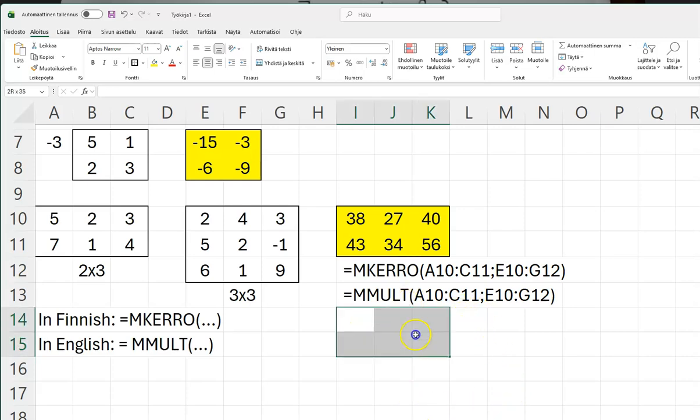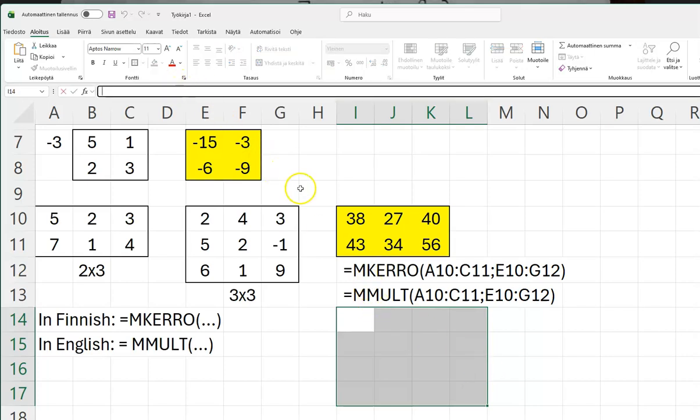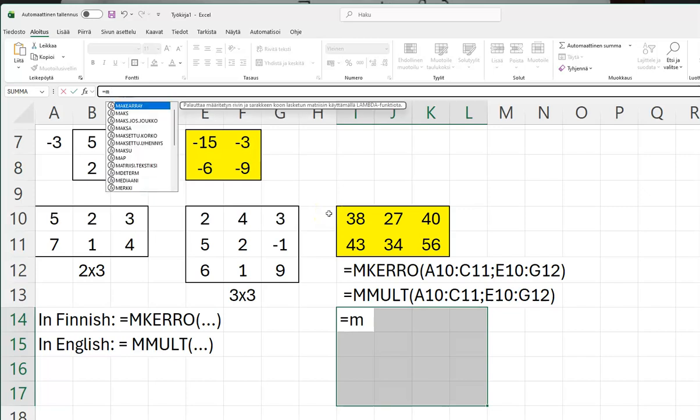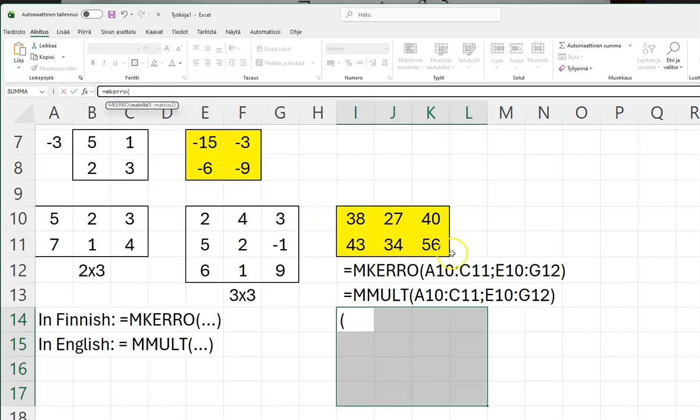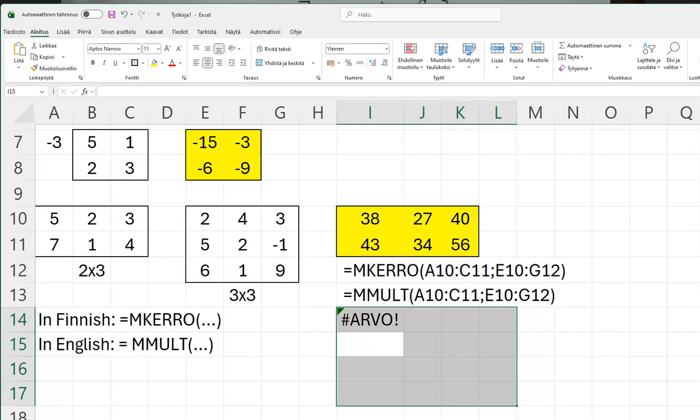But I will check what happens when I try to calculate this in an opposite order. First this, and then this. Let's see what it gives us. Value error, value error.